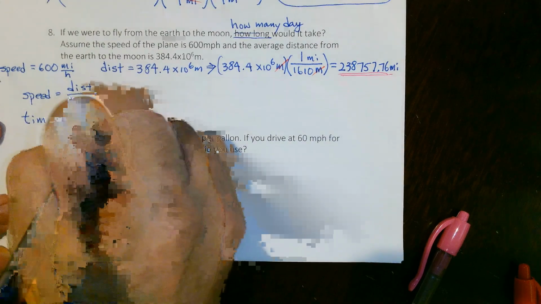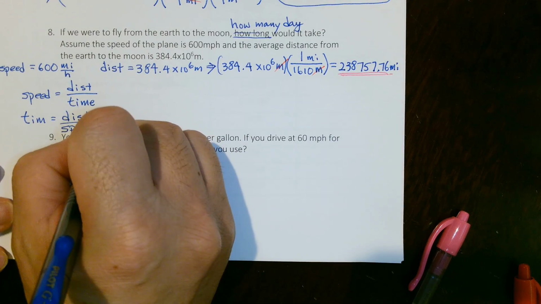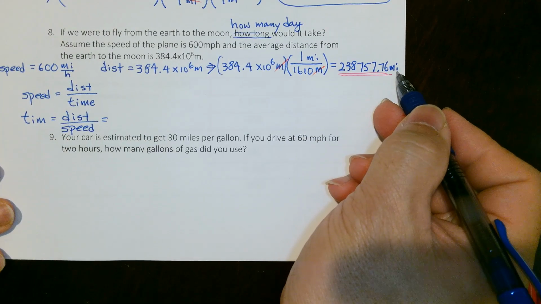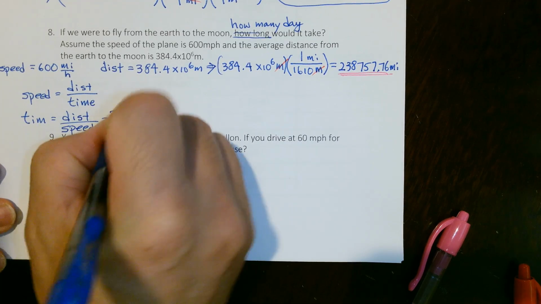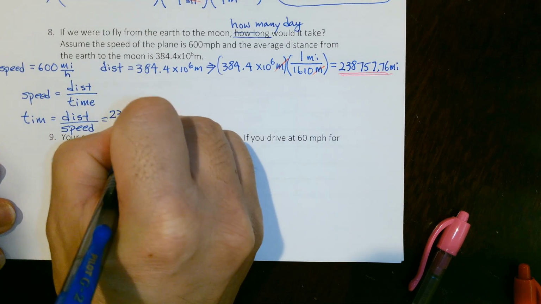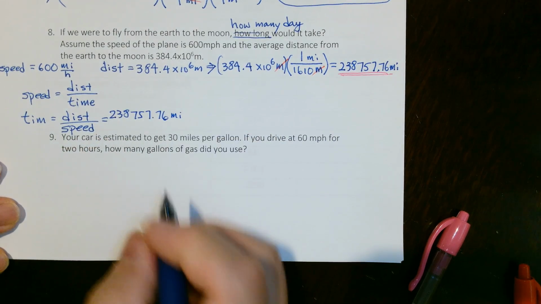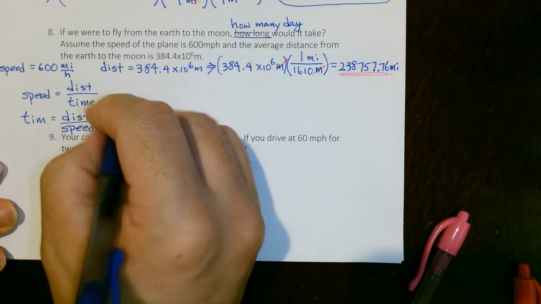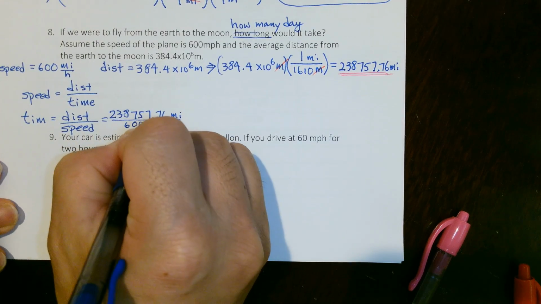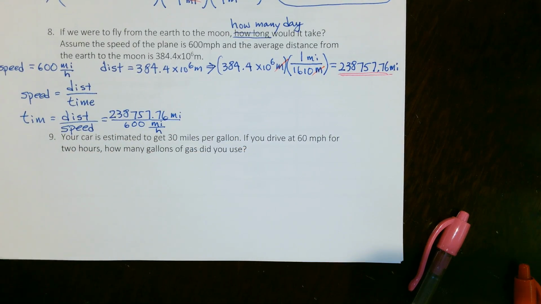Therefore, if we plug in the distance in the same unit as miles, 238,757.76 miles, divide that by the speed, which is 600 miles per hour.